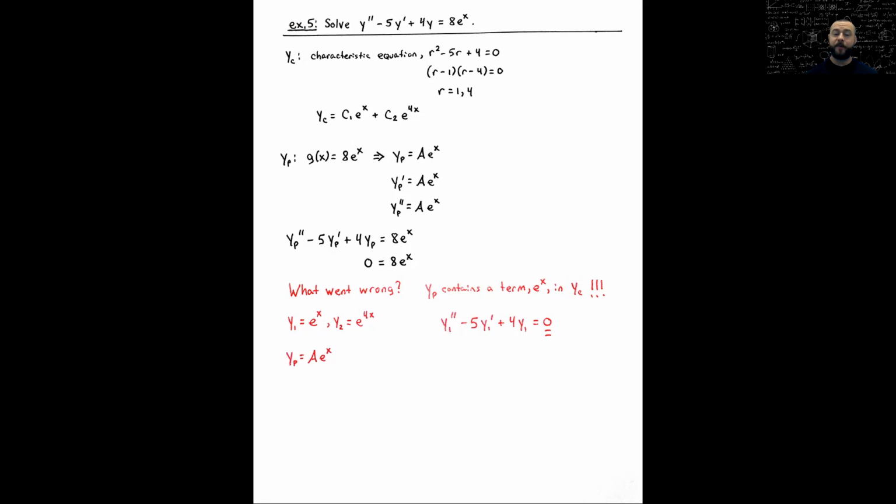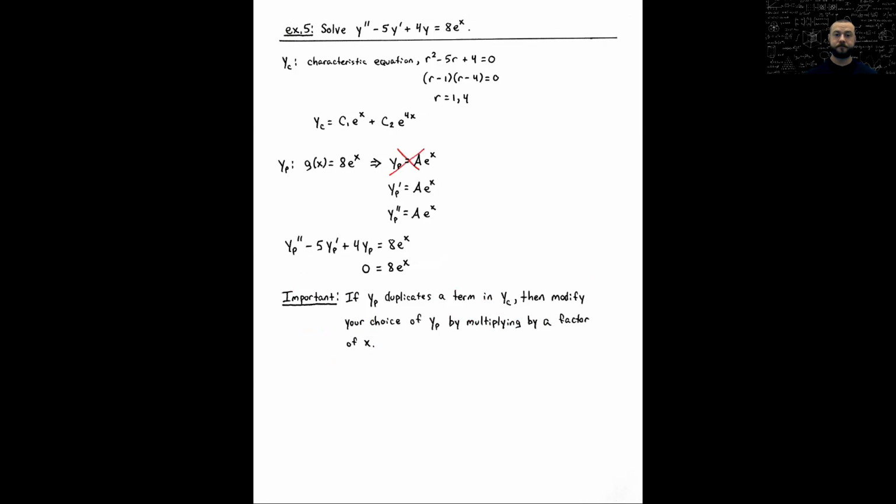So if we take a look at the complementary solution, which contains e to the x, that is exactly our particular solution. So that would tell us if there's duplication between yp and yc, we need to make an amendment to our choice. We have to kind of do something to it. All right, and what we do, which I'll kind of state without proof, if you're going into physics or engineering, it just works.